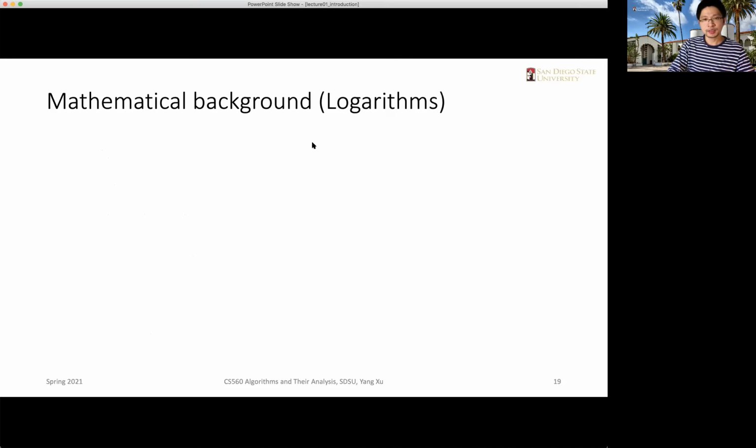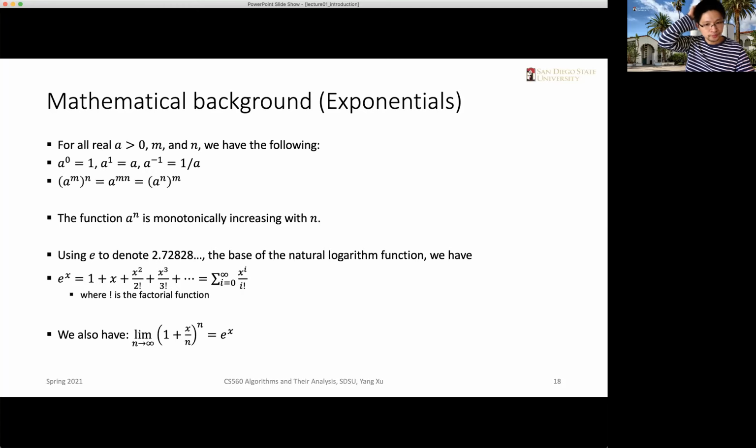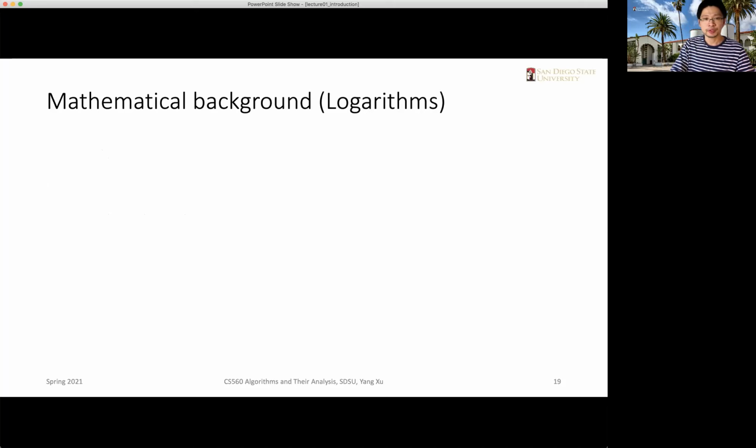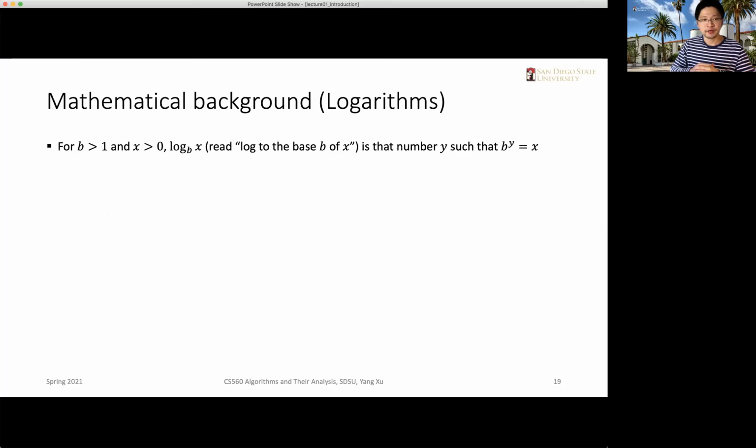So based on the base of the natural logarithm function, we can look at more generic logarithm functions.